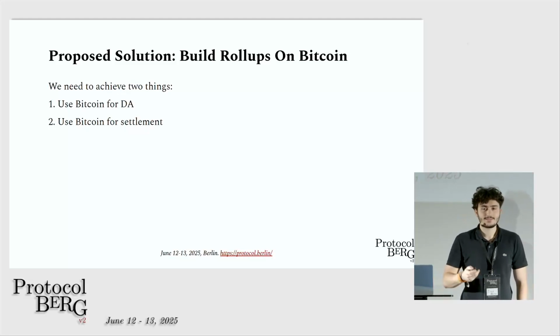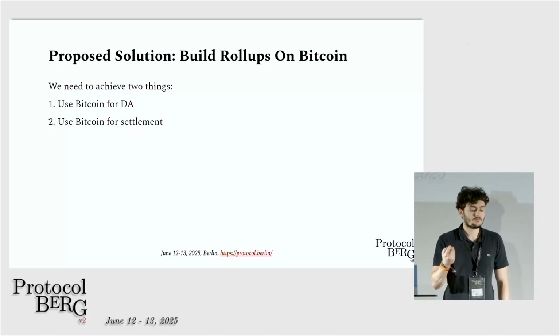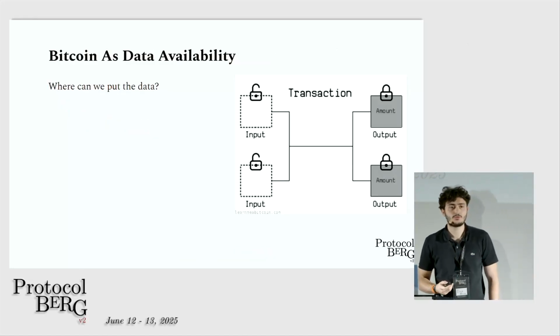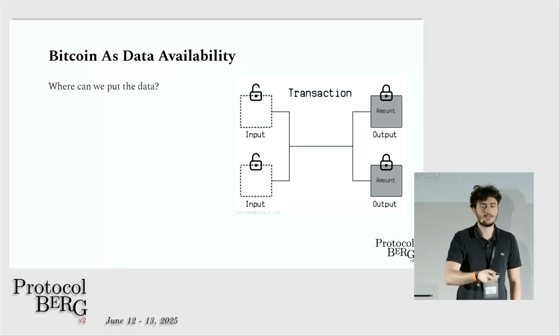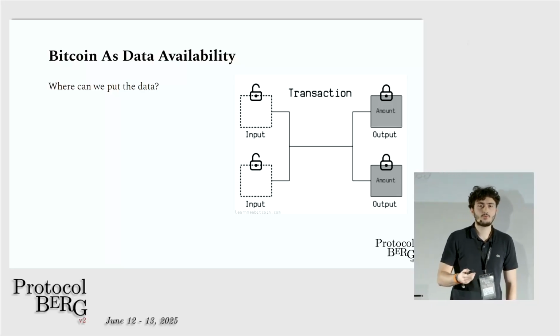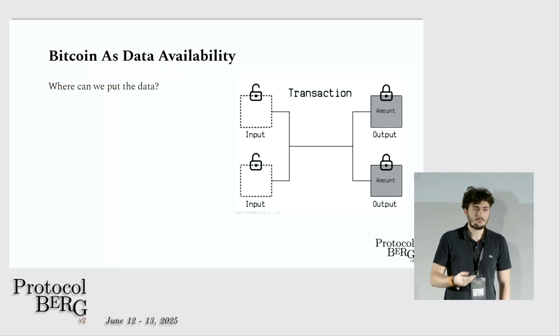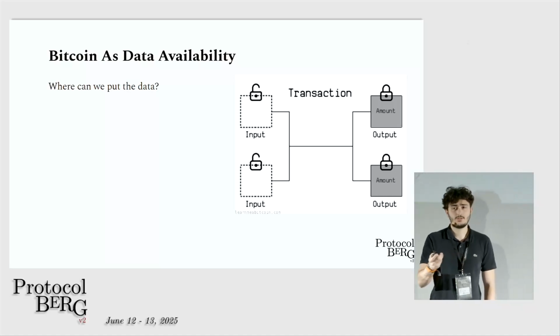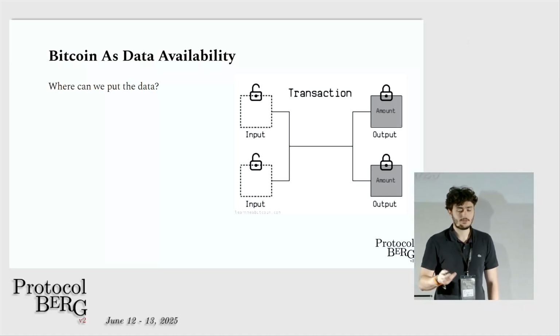So let's first inspect how to use Bitcoin for DA. In Ethereum, when we want to put arbitrary data on L1, we have the calldata and we have the blobs, right? So where can we put the data on Bitcoin? A Bitcoin transaction is fairly simple. There are inputs. So Bitcoin is a UTXO-based blockchain, right? What does that mean?